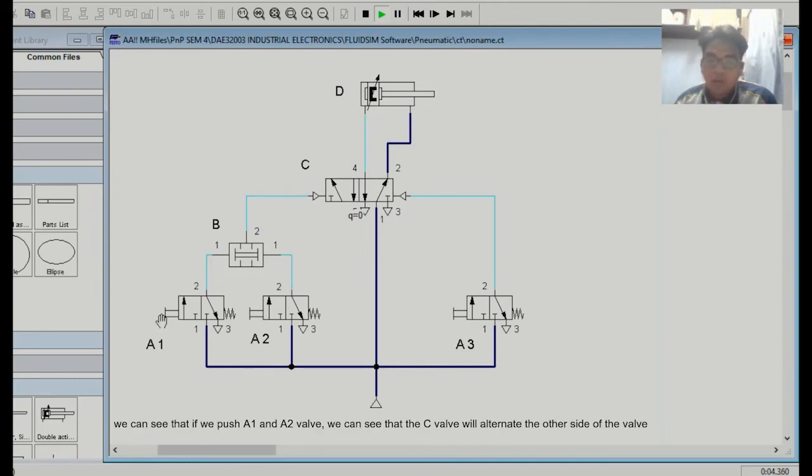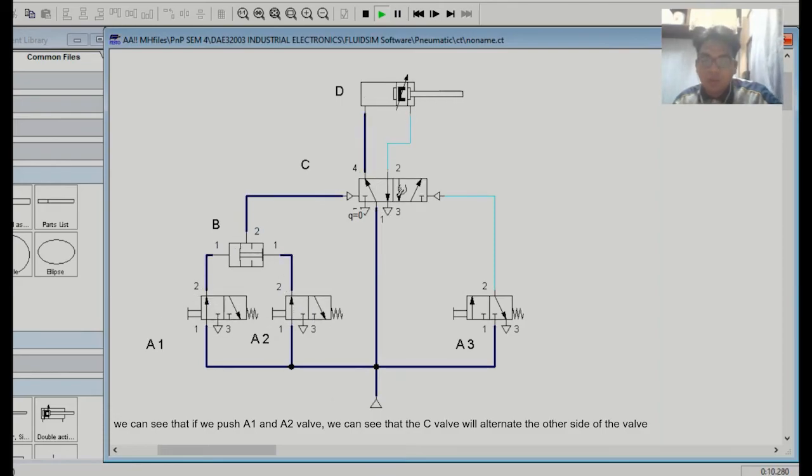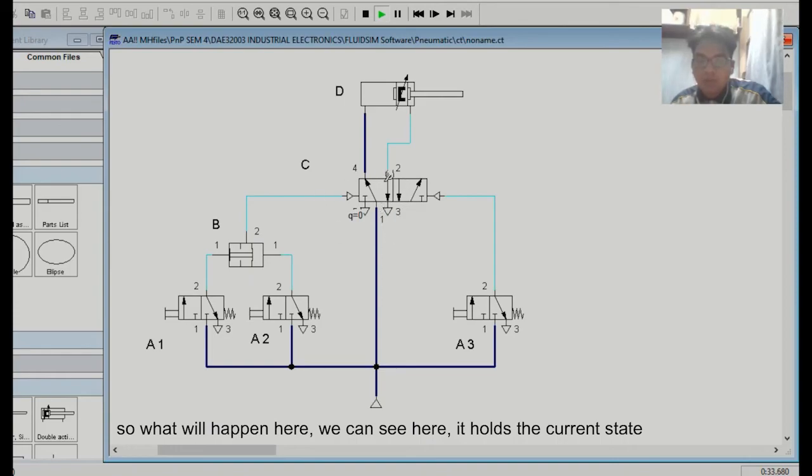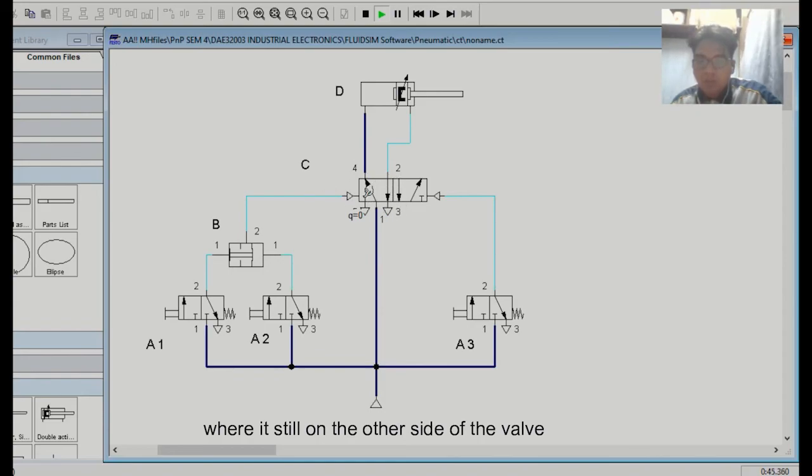You see that if we push the A1 and A2 valves, the C valve will alternate to the other direction. This is a momentary push button, which pushes momentarily and then releases back. What happens here is that it holds the current state, where it's still on the other side of the valve.